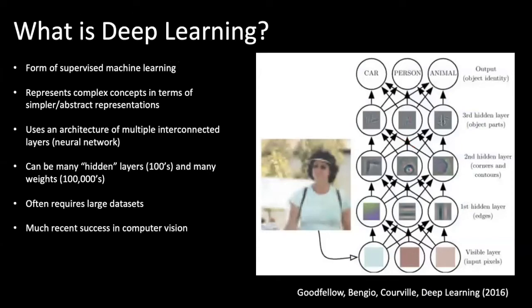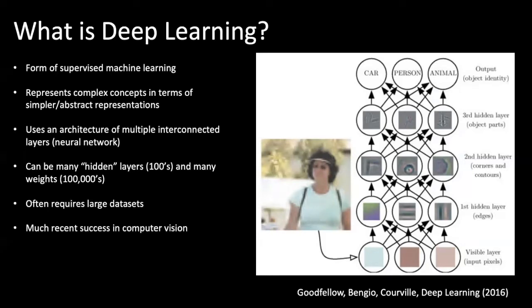And again, I think most of you are familiar with deep learning at this point. There have been lots of definitions, but I think the simplest one is one that can represent complex concepts in terms of very simple and abstract representations using an architecture of multiple connected layers.